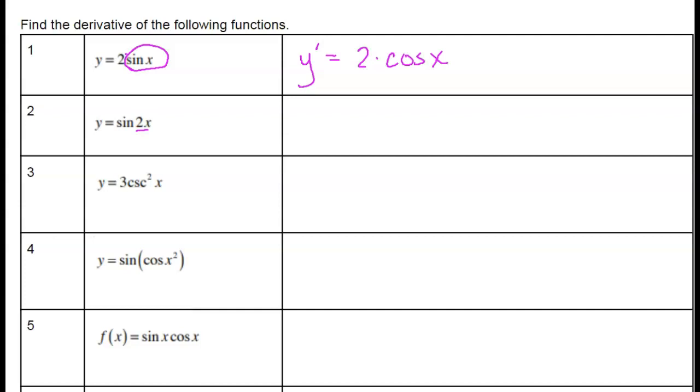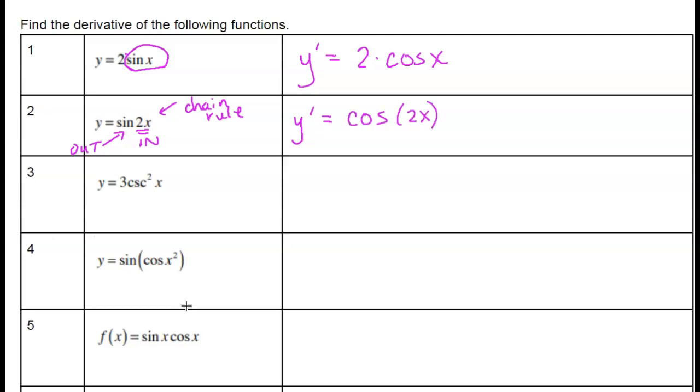Now this 2 I put inside. And because that's not just x, I really need to do a chain rule. So the 2x is inside and that sine is on the outside. So remember, when you do the chain rule, you start with the derivative of the outside function. So the derivative of sine is cosine. The inside has to stay the same.